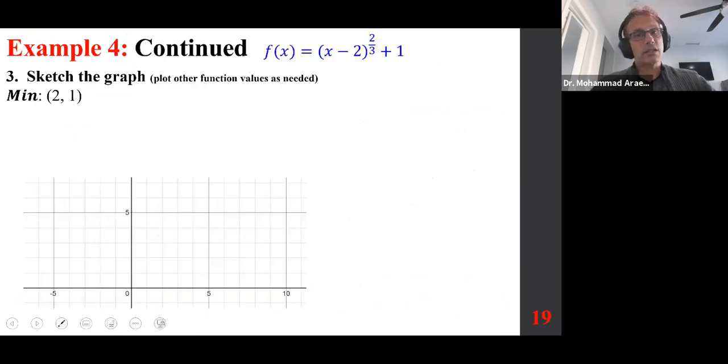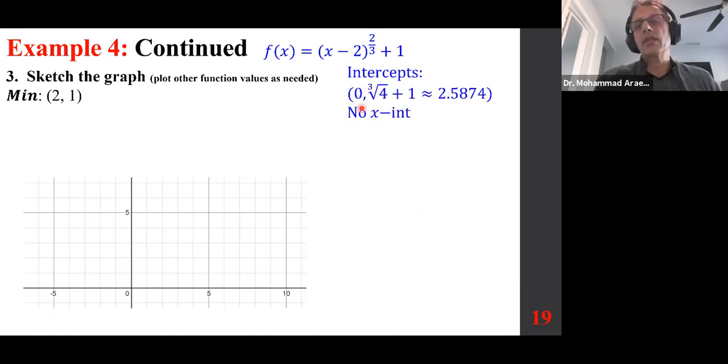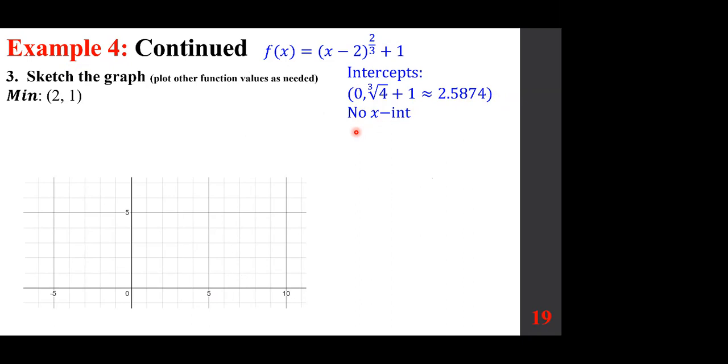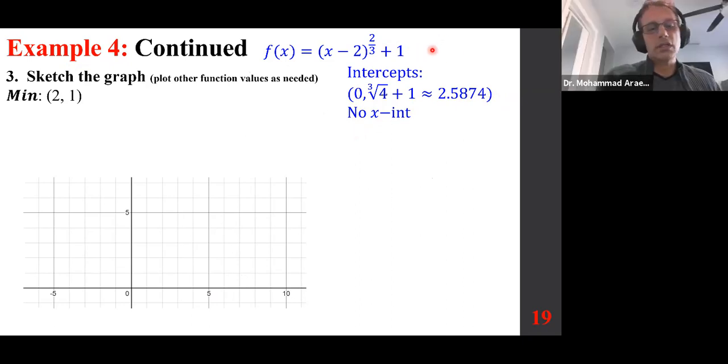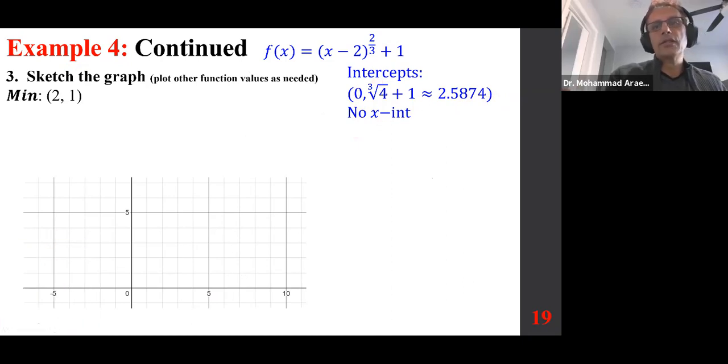We want to find the intercepts. I have already discussed the intercept as far as the y-intercept is concerned. Also, there is no x-intercept. You saw the graph. I want to show you algebraically why there is no x-intercept. X-intercept, you set y equal to 0. So we're going to set this one equal to 0. If I set this one equal to 0, that means this.